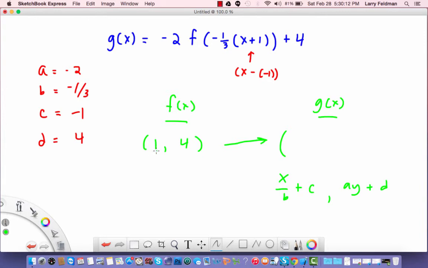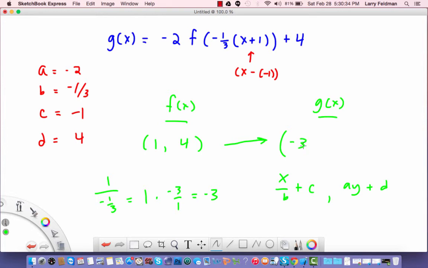So we take this x value of 1, we divide it by b. 1 divided by -1/3 is -3. 1 divided by -1/3 is 1 times -3/1 because you multiply by the reciprocal.